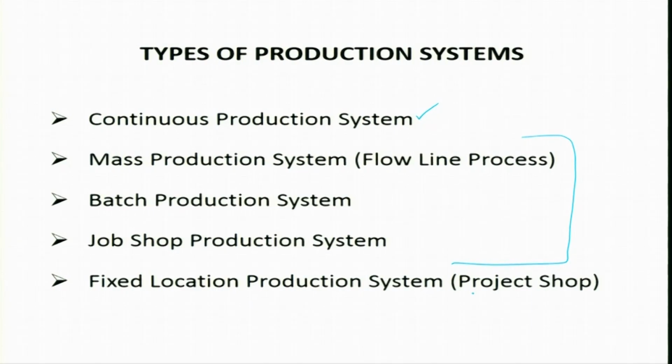And the fixed location production system is more studied as a project management topic. So, 80-90% of manufacturing systems consist of mass production, batch production and job shop production. So, that is why JIT etc. and the present day supply chain management issues are more relevant for these 3 types of production systems.